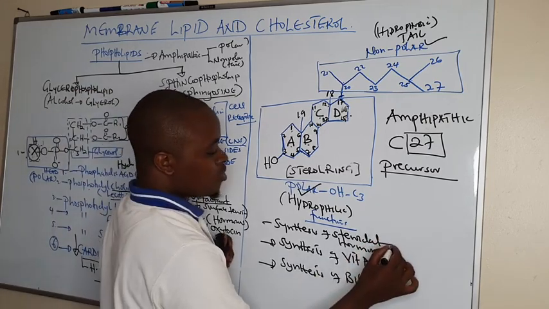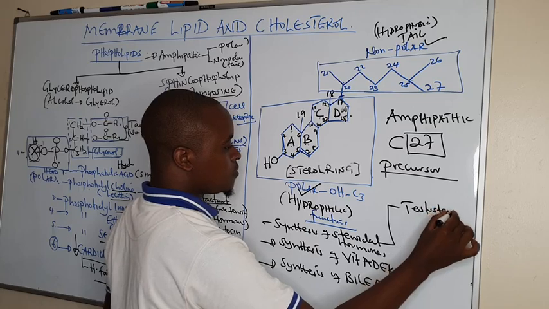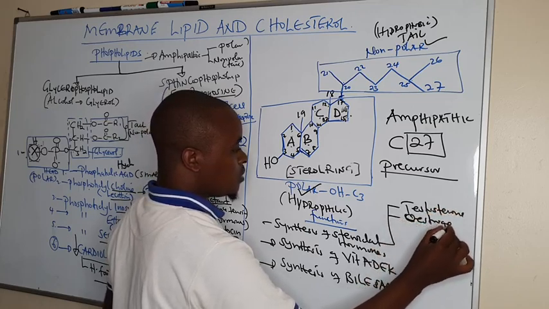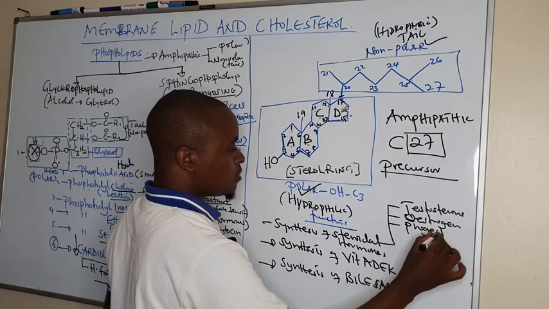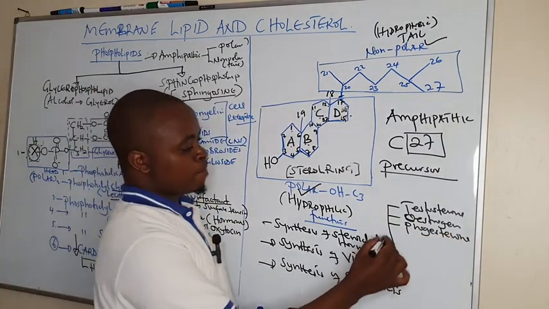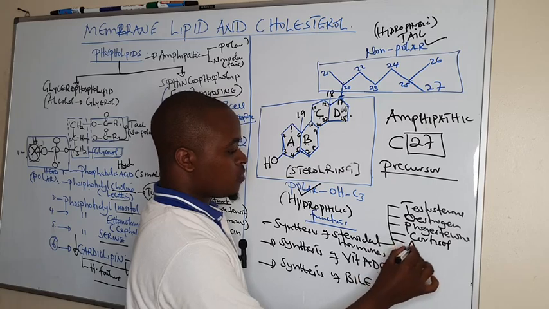Whereby under steroid hormones we have different examples like testosterone, estrogen, these are sex hormones, progesterone. Then we can also see hormones like cortisol and aldosterone.